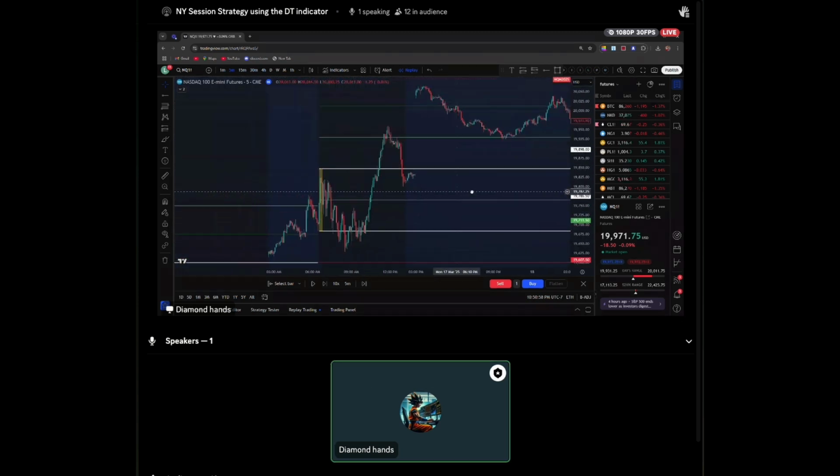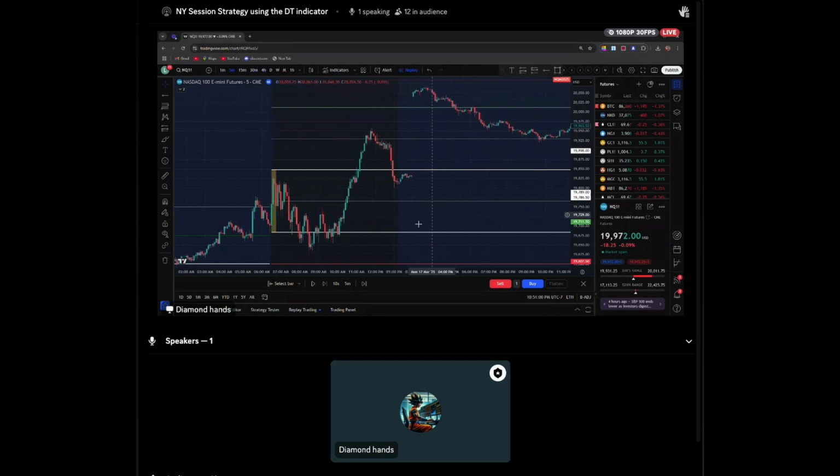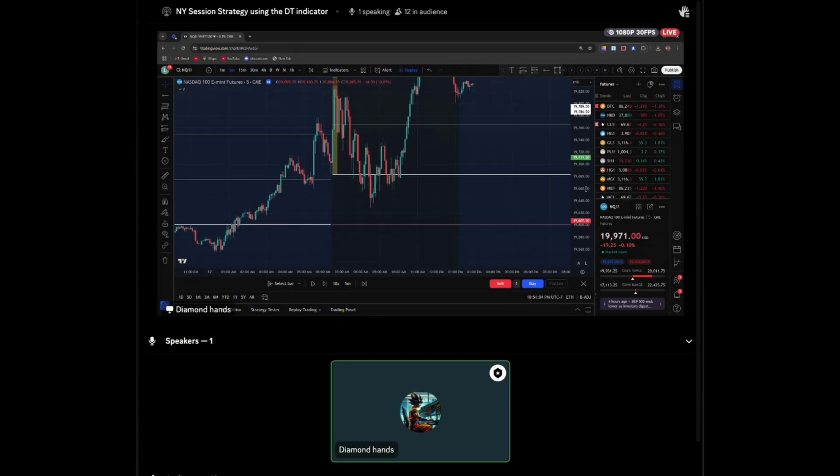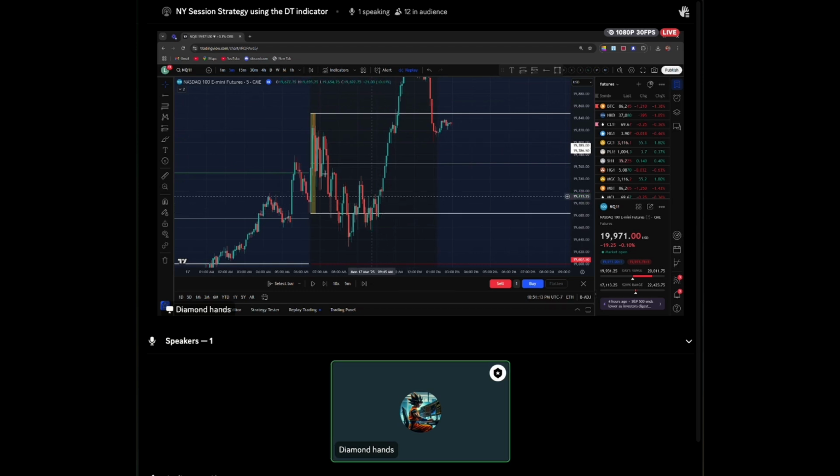So yeah, this is something you guys can use. Let's go right here. Look, you can see right here, we didn't even get to 0.5 deviation when it was already starting to go back into range. So you could have got longs here. Your TP would have been half this range.